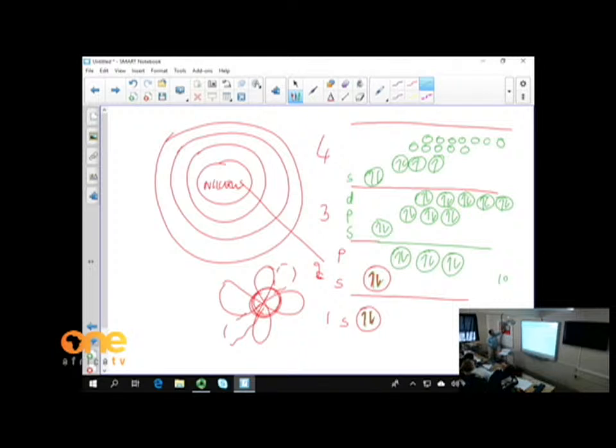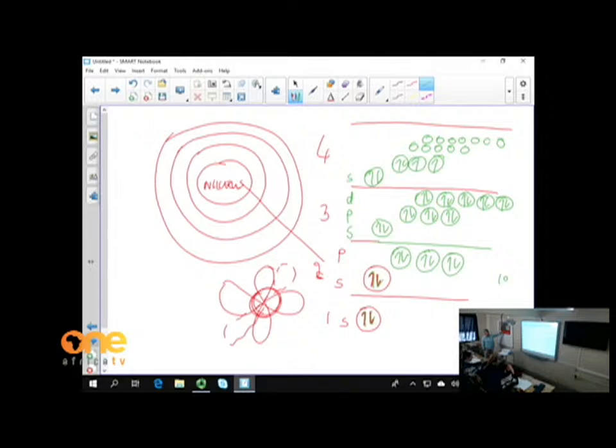These are D block elements, so their electrons will lie in the D subshell. F. Okay, so we have S, P, D, and F block elements.